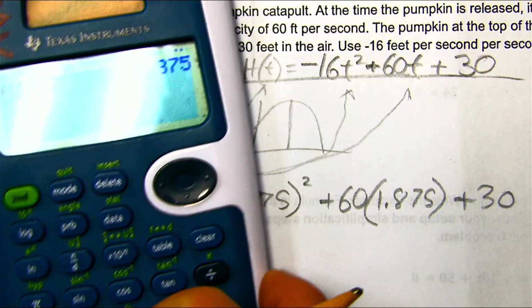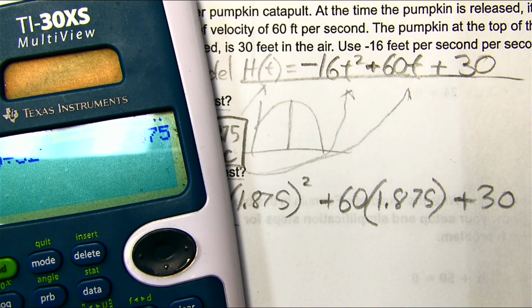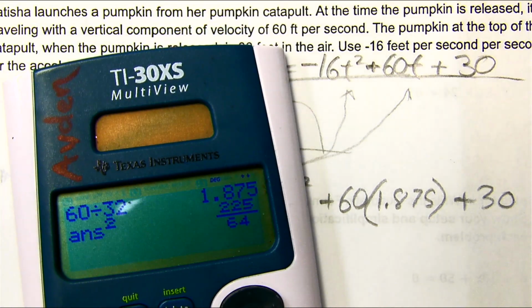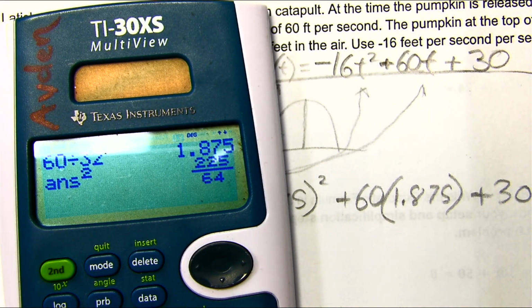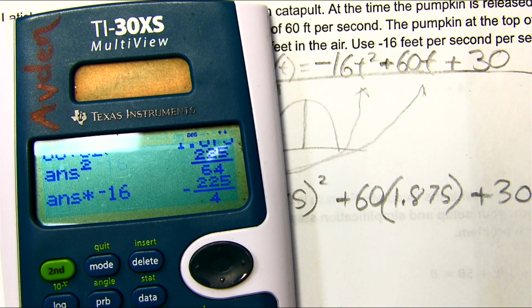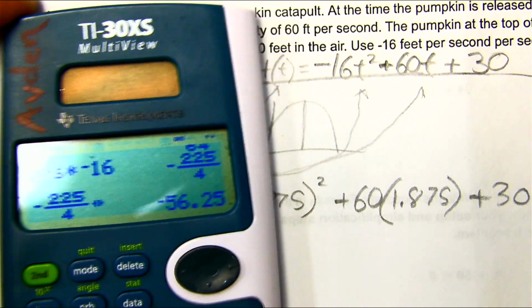Don't forget to square it, and then multiply it by negative 16. And then tell it to give you a decimal, negative 56.25.